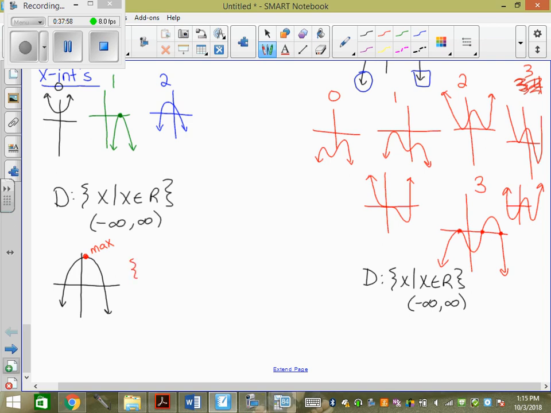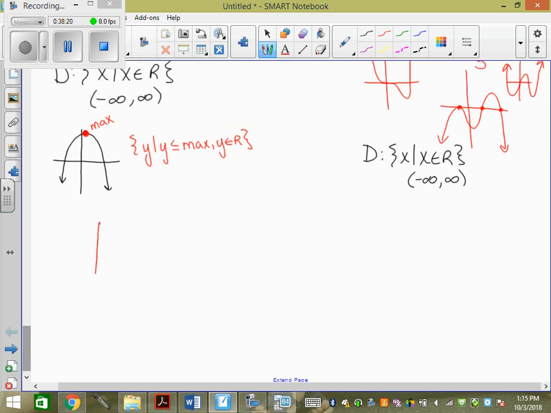So if it was downwards, you had y such that y is less than or equal to the max. And it's equal to the max because you don't have an open dot on your maximum, do you? The whole graph is either equal to that number or less than it. There's no graph above it, but there's graph below it. If it's a minimum, sorry.